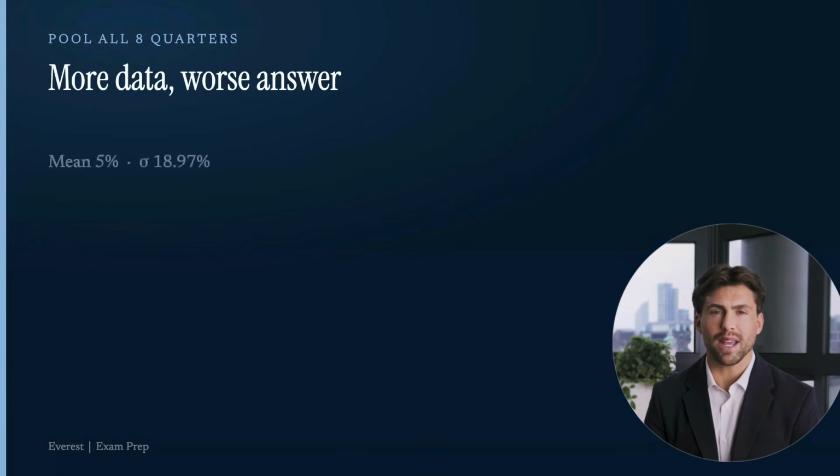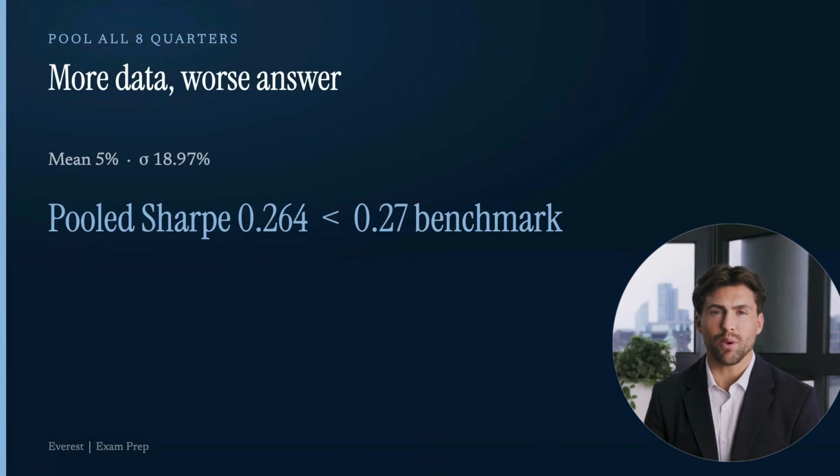Now pool all 8 quarters into one sample, the way it might feel natural to do with more data. The average becomes 5%, and the standard deviation jumps to about 18.97%, because you've mixed 2 very different distributions together. The pooled Sharpe ratio drops to about 0.264, below the benchmark's 0.27.